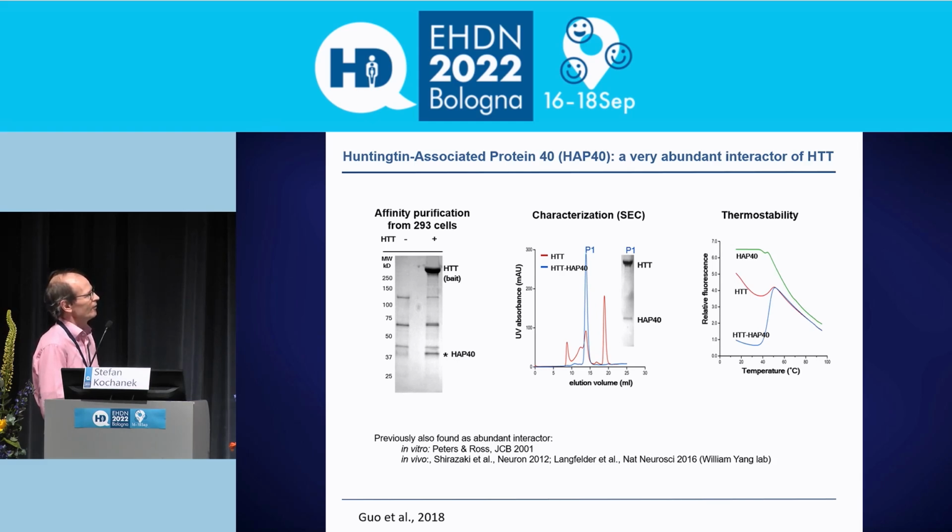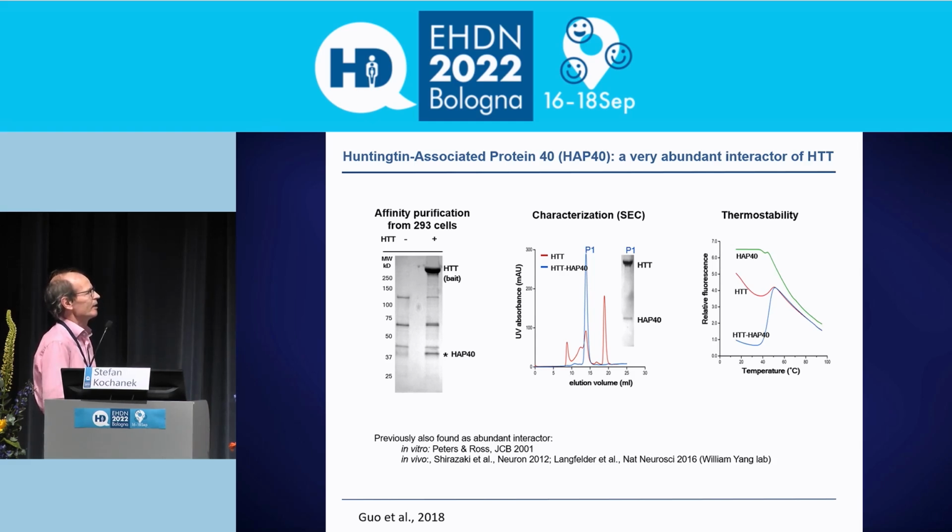When purifying the complex by size exclusion chromatography, one could see that this protein in blue eluted like a well-behaved soluble protein, different from full-length Huntingtin itself in red, which forms aggregates quite easily in tubes.